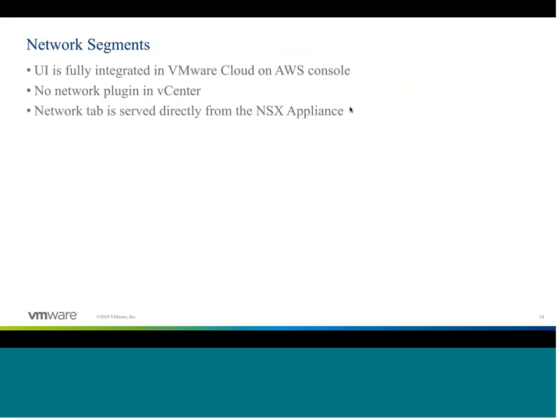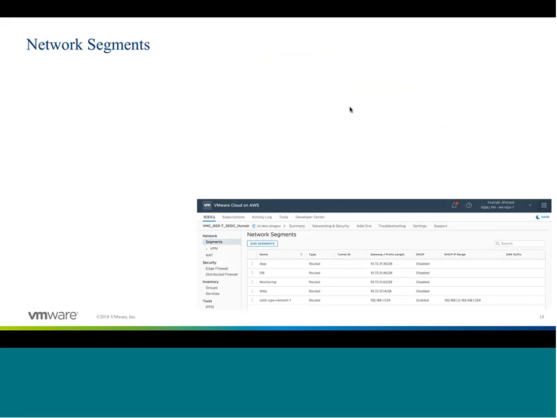So starting with the networking, what we did here is we fully integrated everything into VMware Cloud on AWS console. Before, you'll remember, you had to go to vCenter and configure the networks there, and then everything else was done through the console. Well, we wanted to make it easier to manage everything, and we wanted a single place for all of that. So we put everything in the VMware Cloud on AWS console.